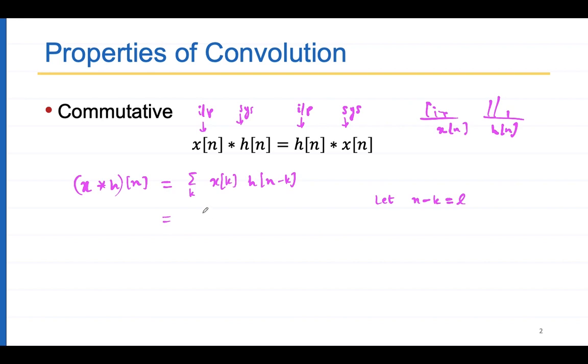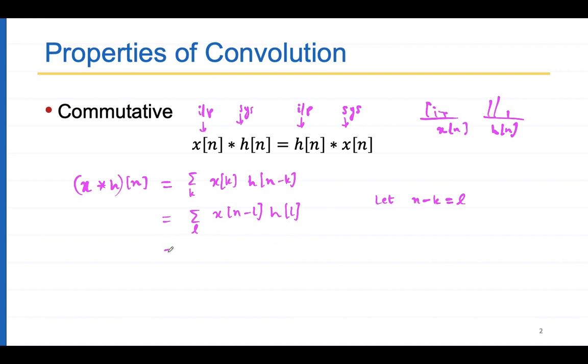So this becomes a summation over L now from plus infinity to minus infinity, which does not matter in the discrete domain. So x[k] becomes x[n minus L], and h[n minus k] becomes h[L].